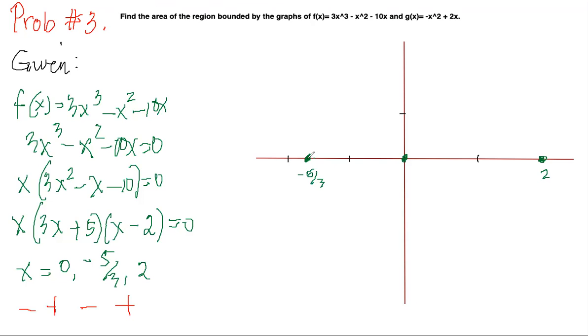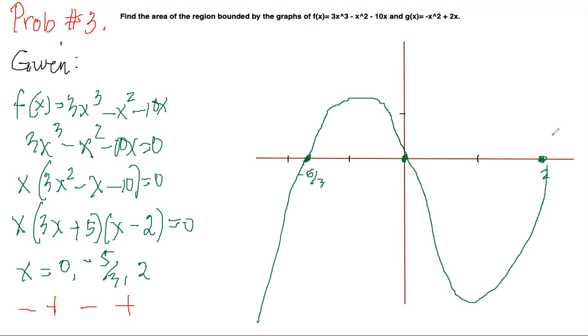This is negative. We have the graph going up, going down, and going up. So this is the behavior of the graph. This is our f of x.